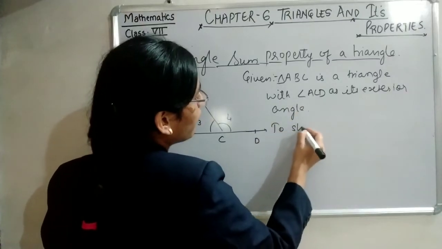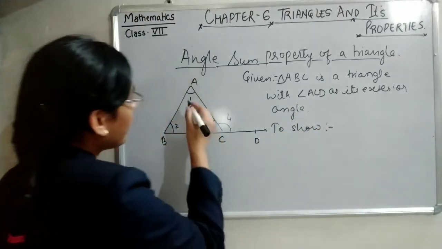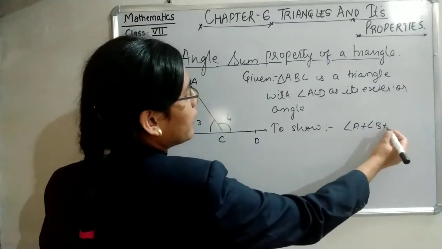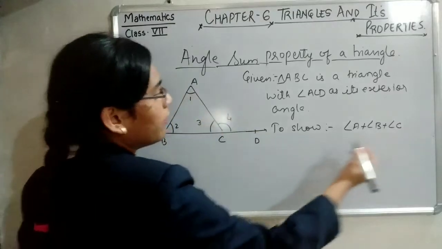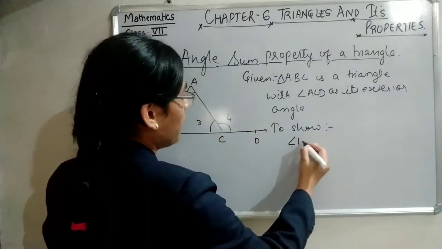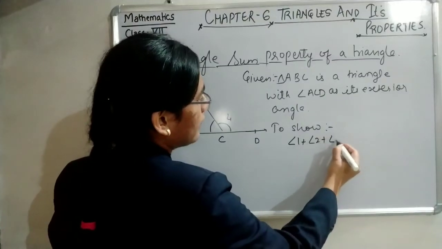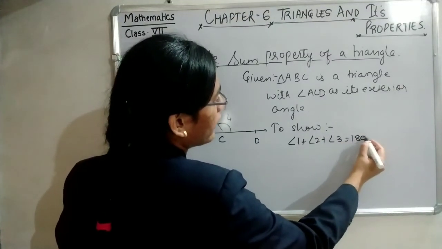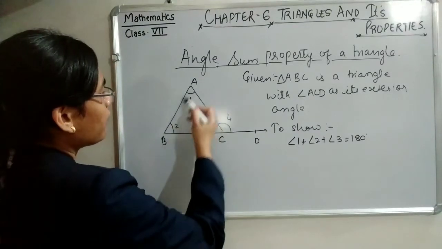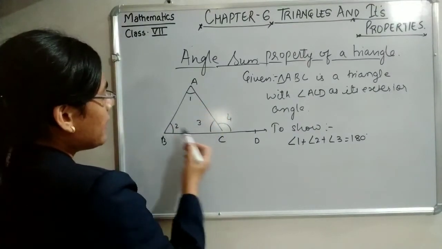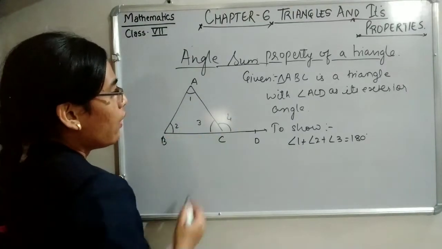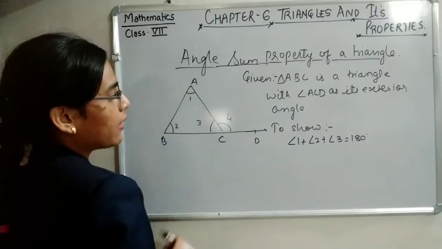We have to show that angle A plus angle B plus angle C will be equal to 180 degrees, that is, angle 1 plus angle 2 plus angle 3 is equal to 180 degrees. So here we have named the angle A as 1, angle ABC as 2 and angle ACB as angle 3. Also this ACD is named as angle 4.